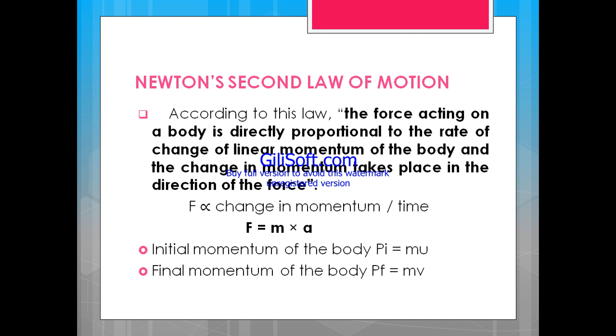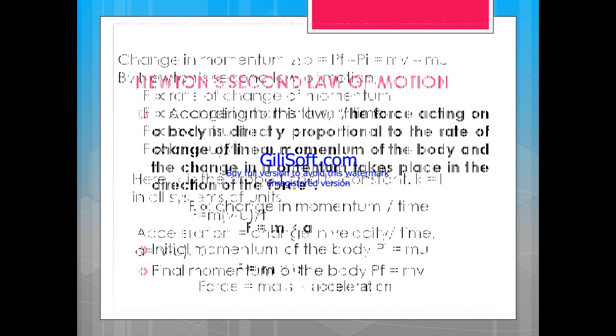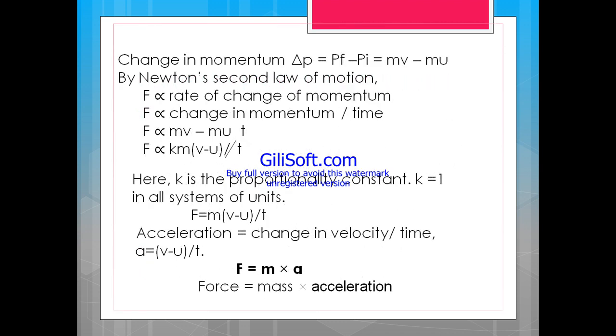u and v are velocities. Acceleration is the change in velocity by time taken, so instead of acceleration we have deduced the acceleration formula. Next, change in momentum. In physics, the symbol for change is delta, so delta p is equal to Pf minus Pi, that is, final momentum minus initial momentum.